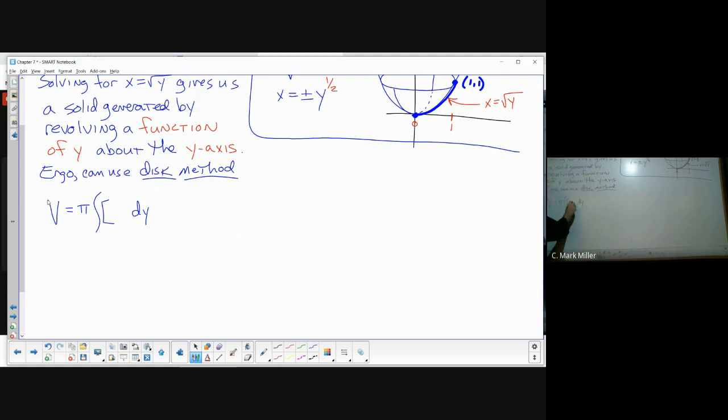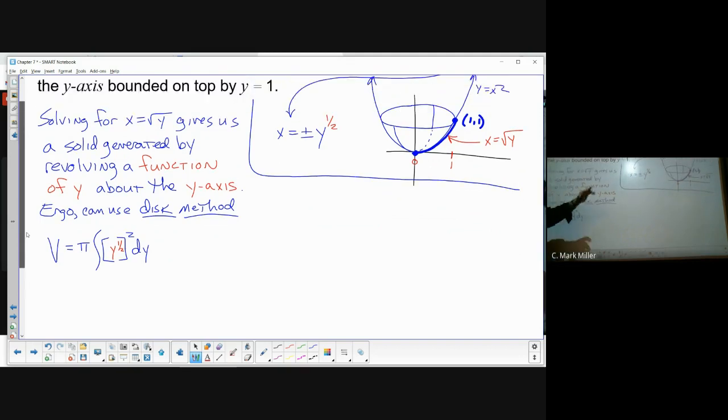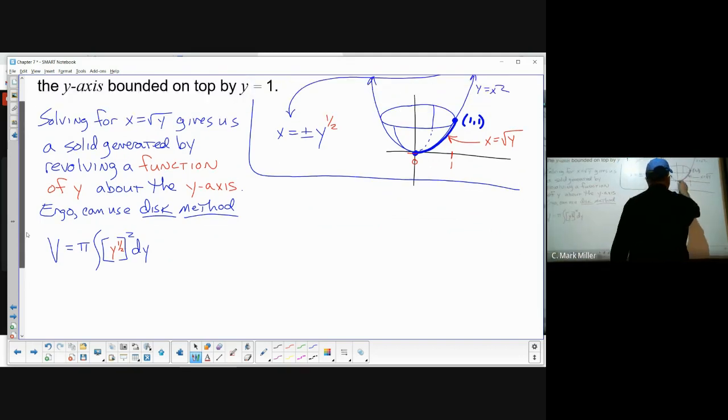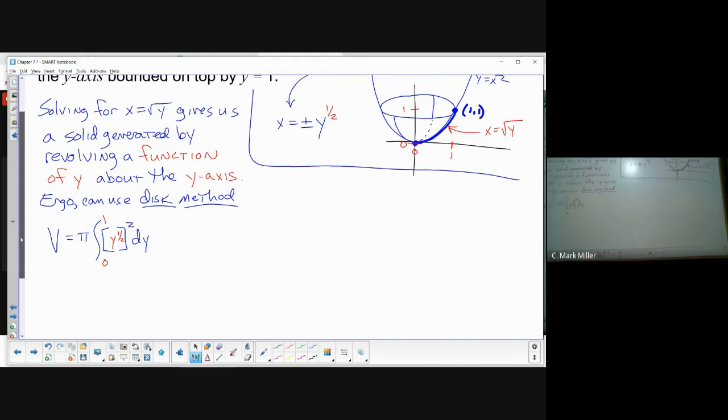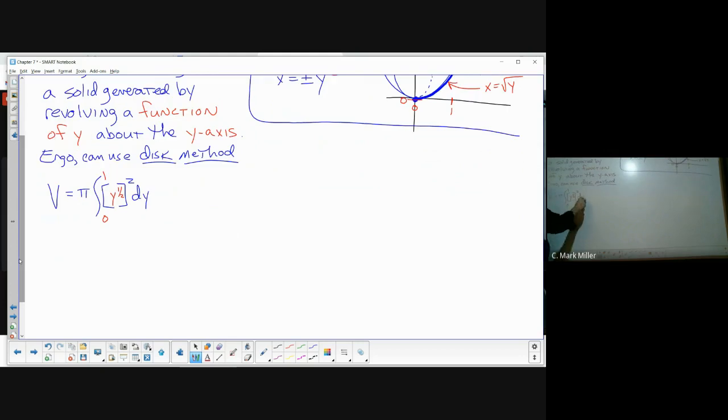Here, it is y to the 1/2 squared. And what does y go from? In that solid, y is going from 0 up to 1. So it's kind of a coincidence that this stays 0 to 1. That doesn't happen usually. So that is pi integral 0 to 1 y dy.